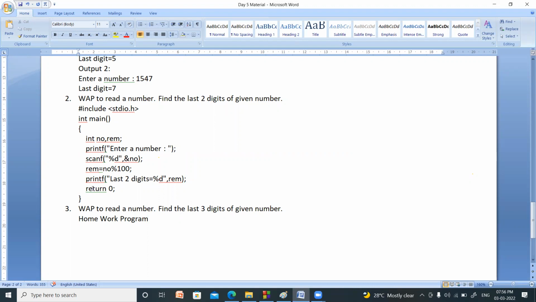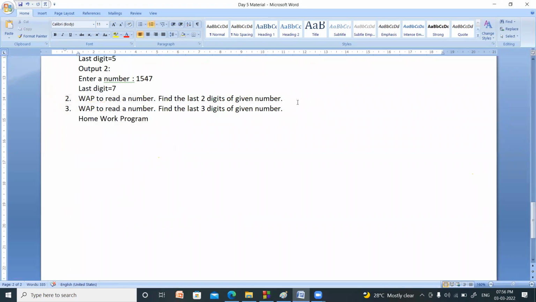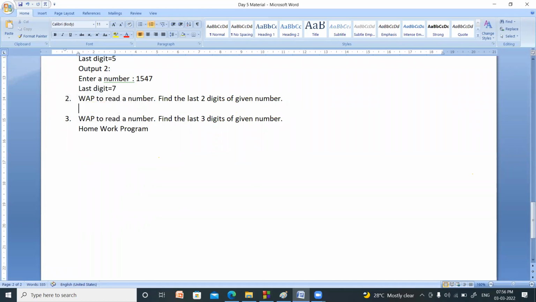Now write down the 2 questions here, and leave some gap. It is also a homework program. Write down the second question, leave some gap. Write down the third question, leave some gap.